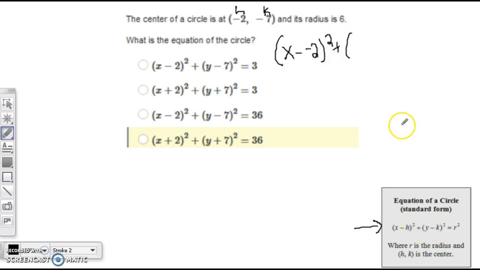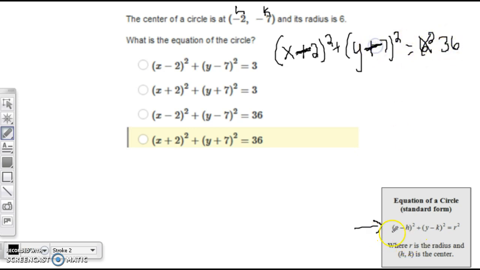And then we're writing y minus and we're plugging in k, which is a -7, equals the radius squared, so 6 squared. But as you can see, two negatives here, a minus and a negative, make a positive. And two negatives here make a positive. And 6 squared would become 36.